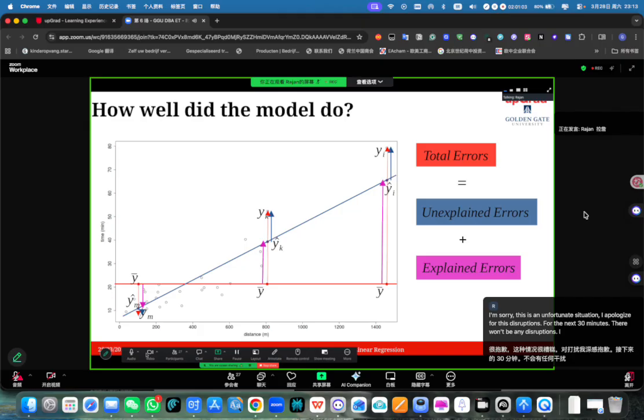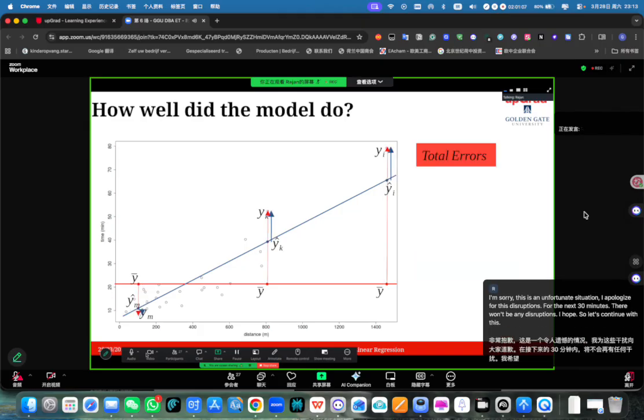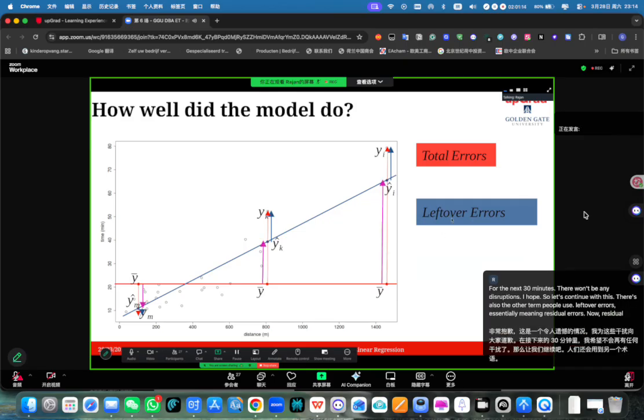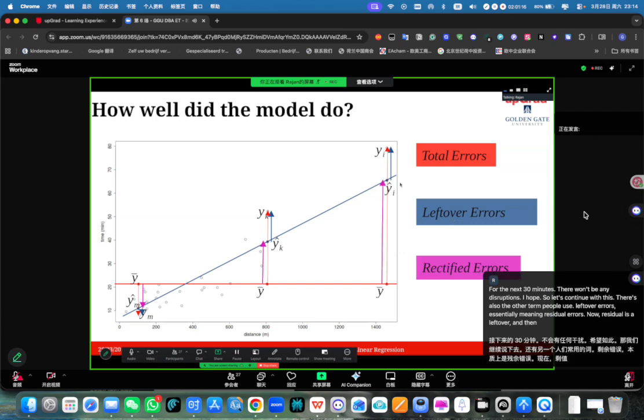Okay, so let's continue with this. There's also the other term people use, leftover errors, essentially meaning residual errors. Residual is a leftover, and then rectified errors, same name.